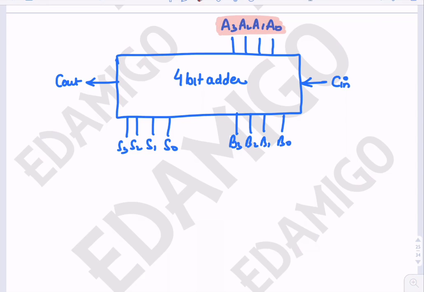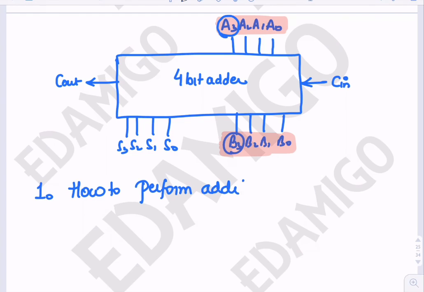So this is the sign bit. A3 is a sign bit. Similarly, B3 is also a sign bit. A3 and B3 are the sign bits. Now first of all, I will see how to perform addition.